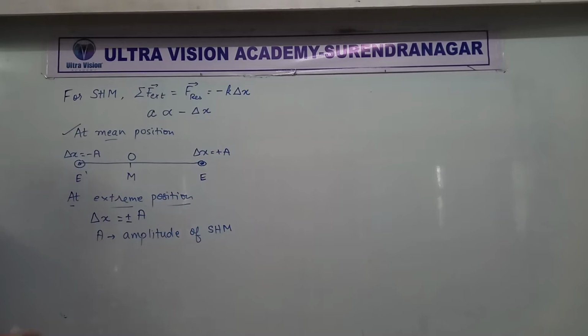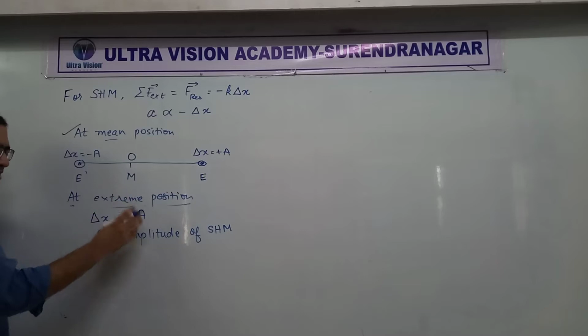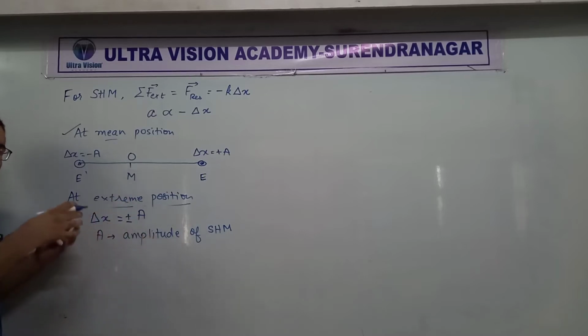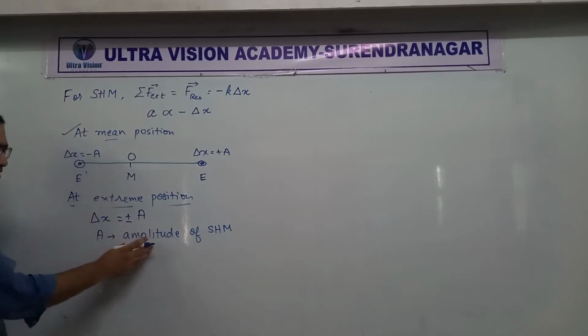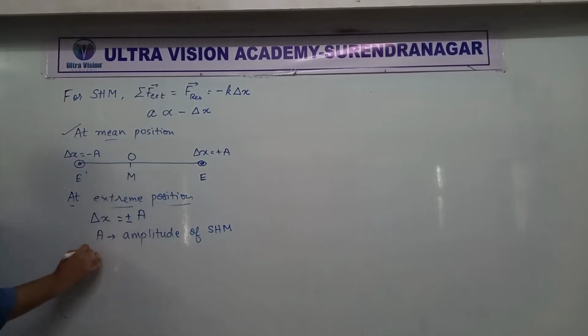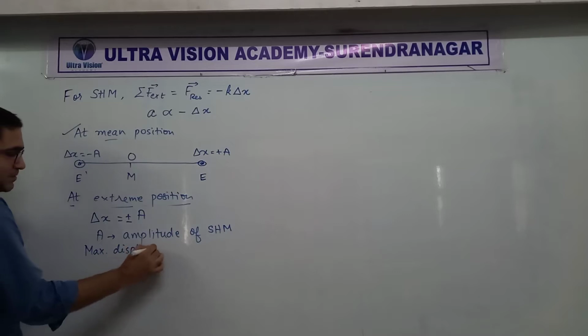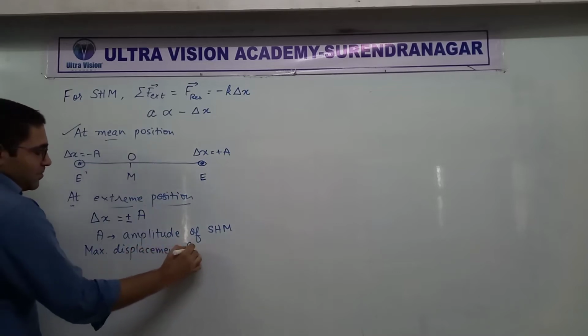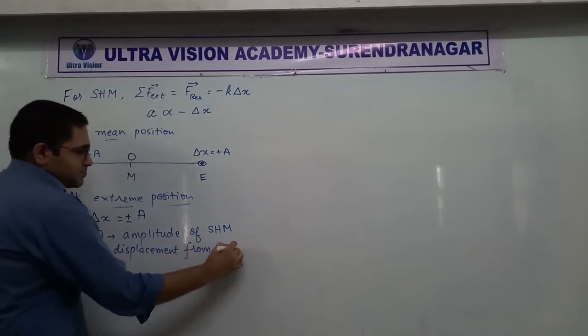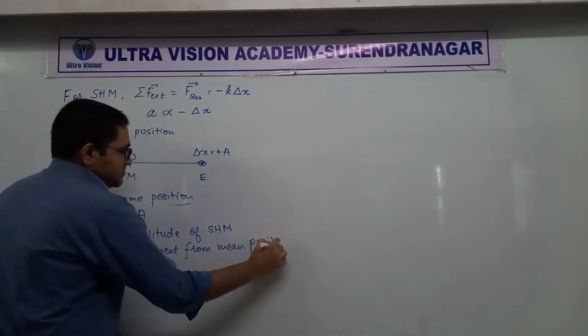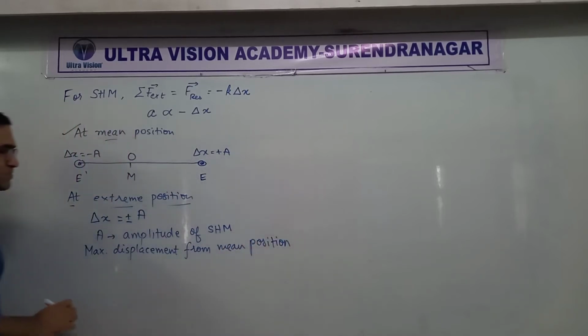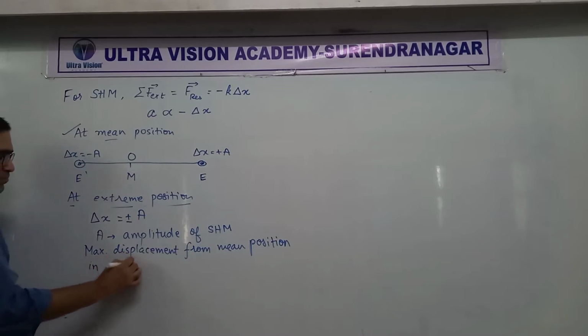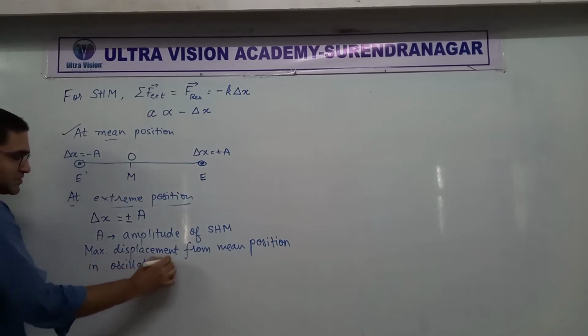If you want to write a proper definition of amplitude, amplitude first of all indicates maximum behavior. So amplitude means maximum displacement from mean position in any kind of oscillatory motion, including SHM, of course.